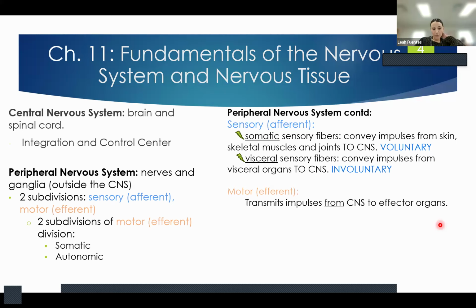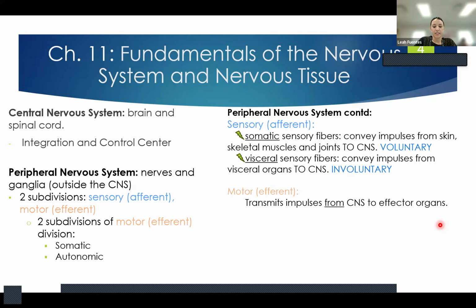And then we also have two subdivisions of our motor or efferent division. We have the somatic nervous system. This is voluntary, and this is conducting impulses from your central nervous system to the skeletal muscles. And then we also have our autonomic nervous system, and this is involuntary.